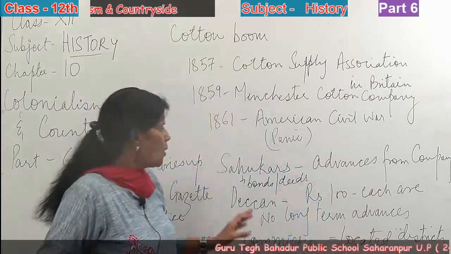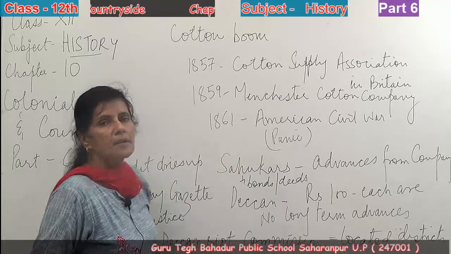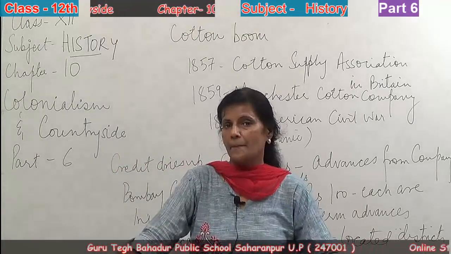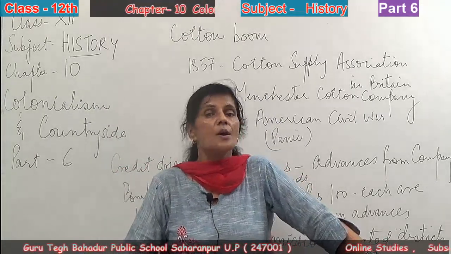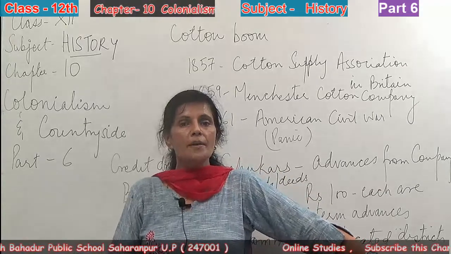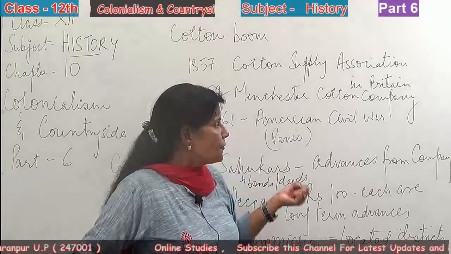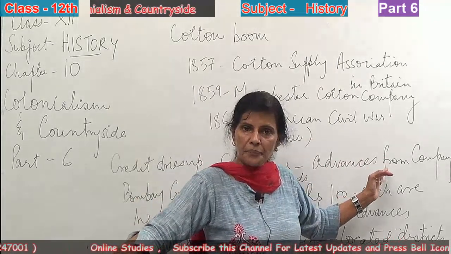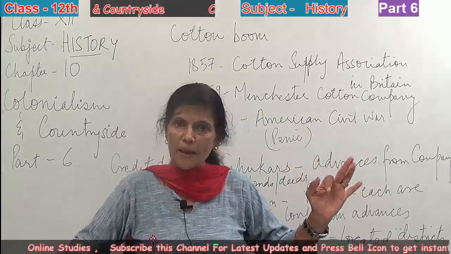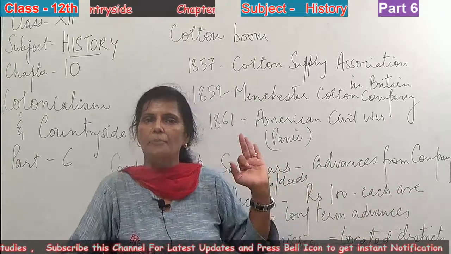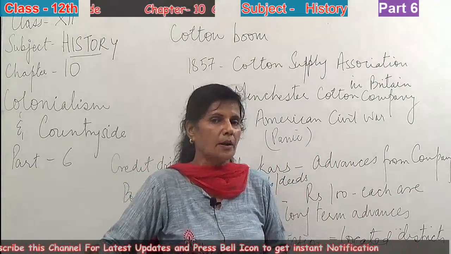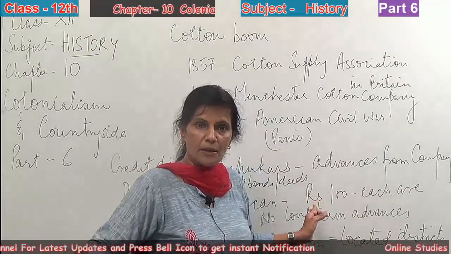Correct? So, when this panic was created, some sahukars came up. Sahukars means rich people who were given advances, money from the government, from the company. They were given advances previously by the East India Company, and when the Britishers came to India, when India became their colony, the government began to extend money to them.